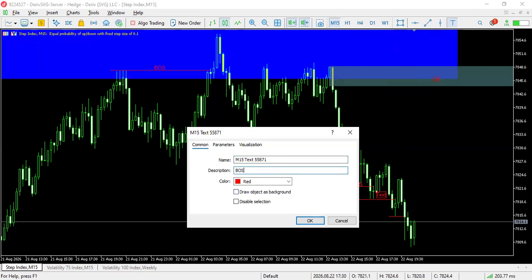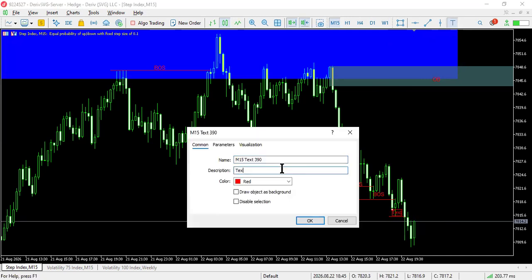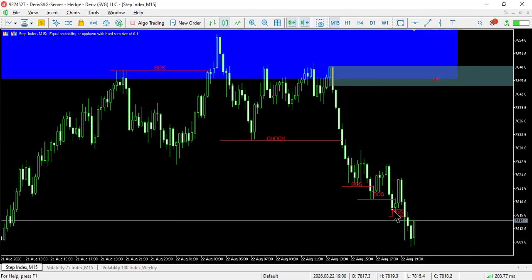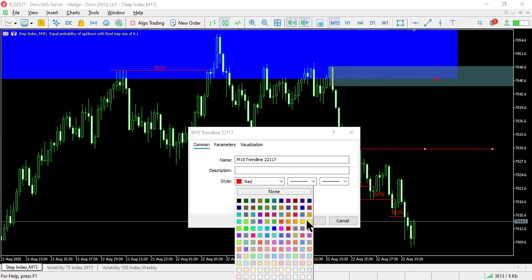Another break of structure. And another break of structure. Therefore, I'm seeing these order blocks that price is leaving here as liquidity. Therefore, I'm going to mark this as my liquidity or inducement level.